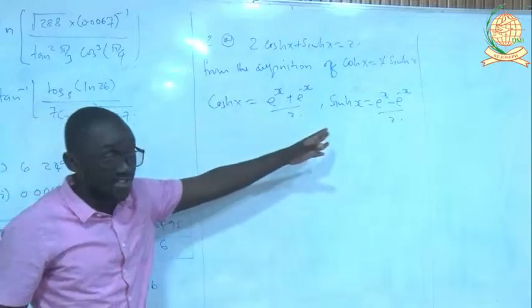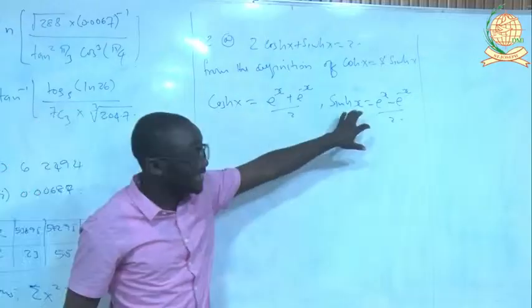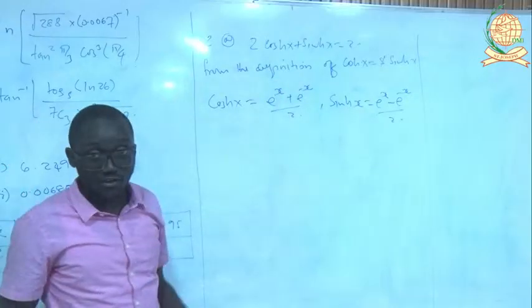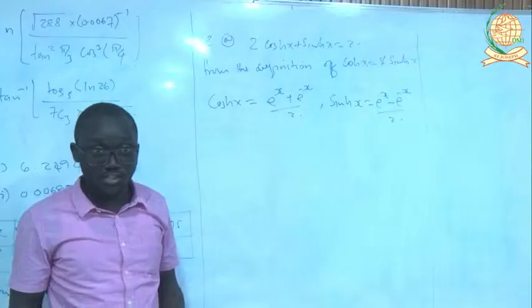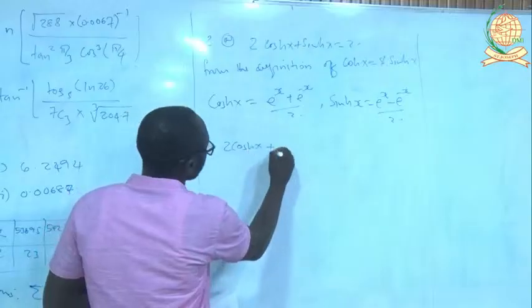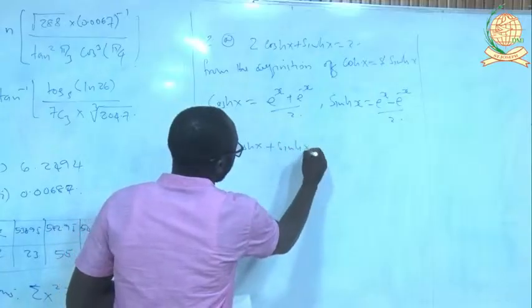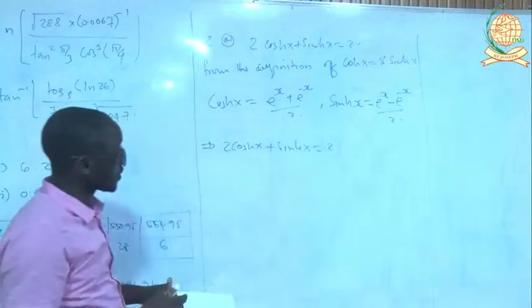Then we are going to plug the information concerning cosh and sinh into our given equation. You can see we had 2 cosh x plus sinh x equals 2.